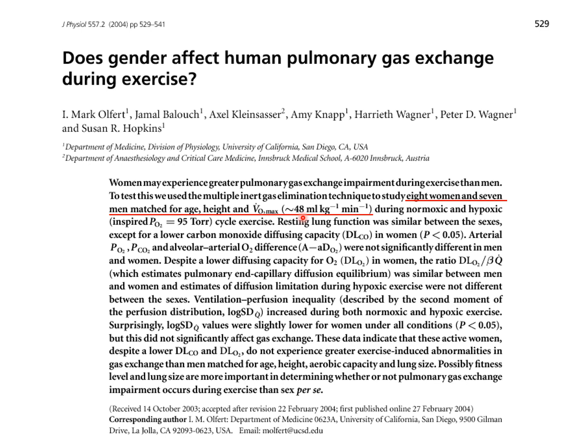Okay. So they were tested during normoxic conditions and hypoxic conditions during cycle-based exercises, and they looked at resting lung function between the sexes and during exercise.